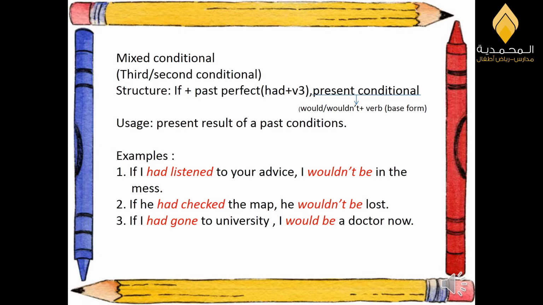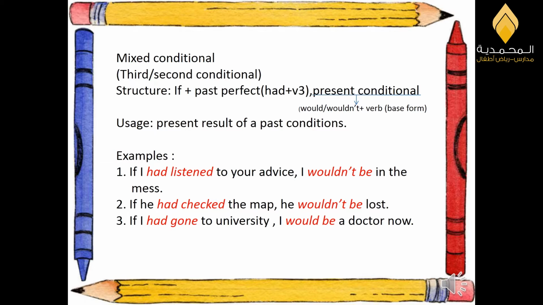Am I a doctor now? What is the present result that I have now? That I'm not a doctor. But the past condition, which is an unreal condition, is if I had gone to university, while I did not go to university.